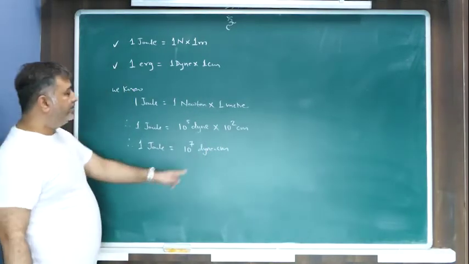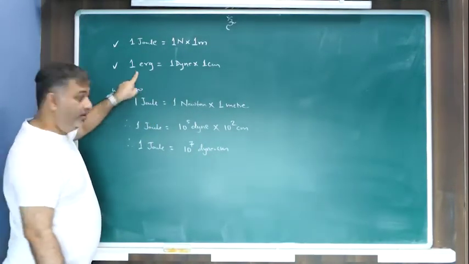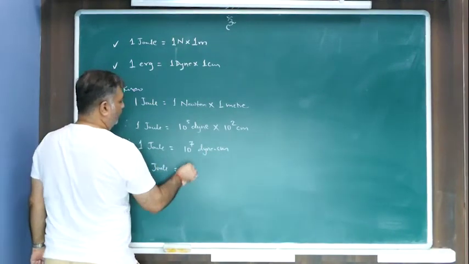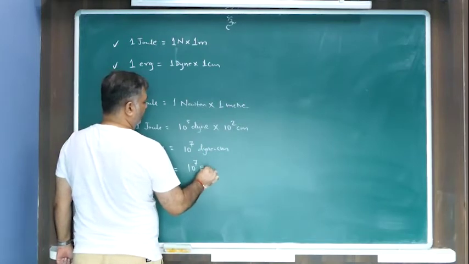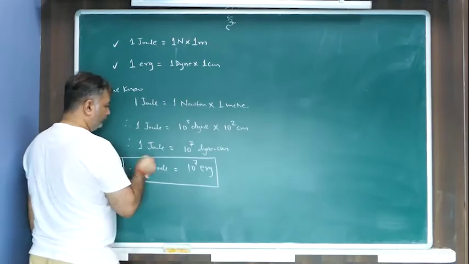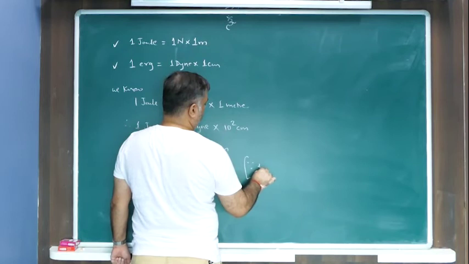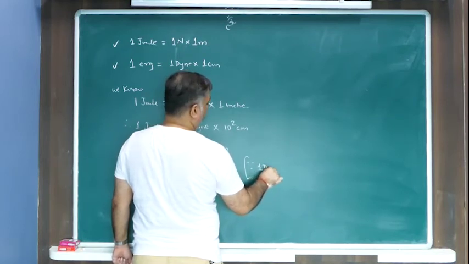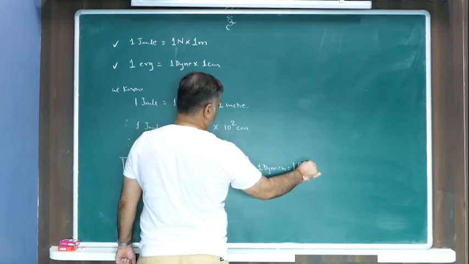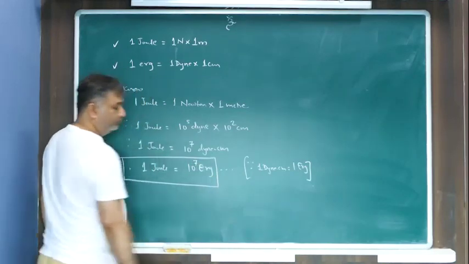Correct? What is dyne centimeter? 1 erg. So therefore, 1 joule is equal to 10 raised to 7 erg. You will say, since 1 dyne centimeter is equal to 1 erg. Okay? Fine?